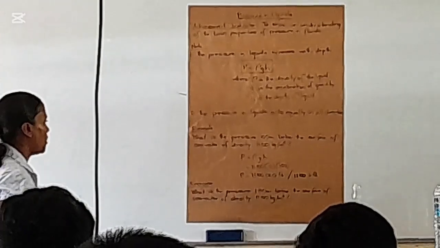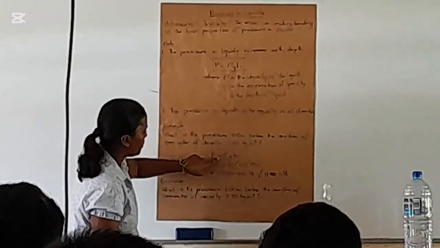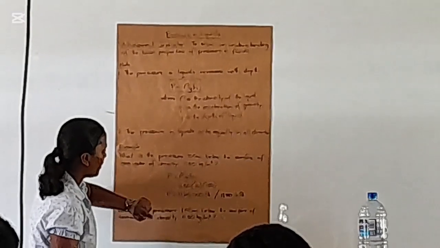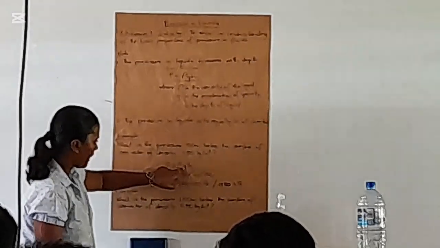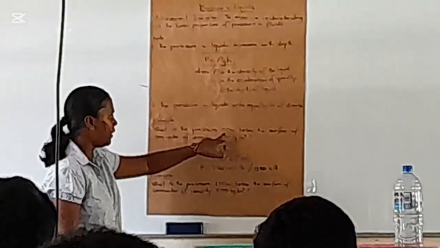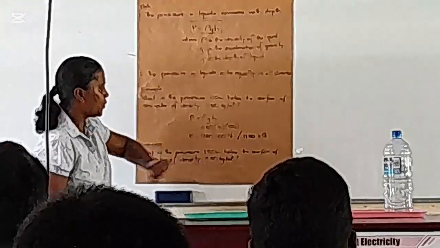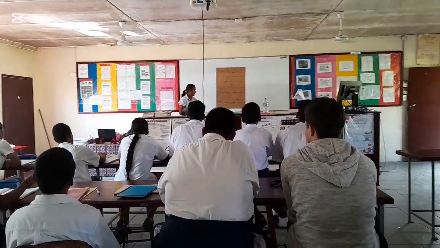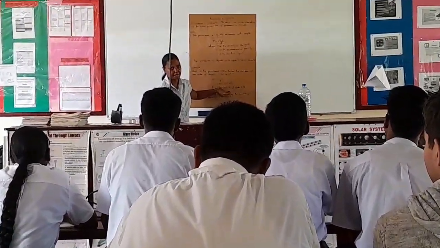So we use this formula, pressure is equal to rho g h. You substitute 1150, then your gravitational acceleration of 10 multiplied by your depth of 100 meters, which gives us a pressure of 1,150,000 pascals.